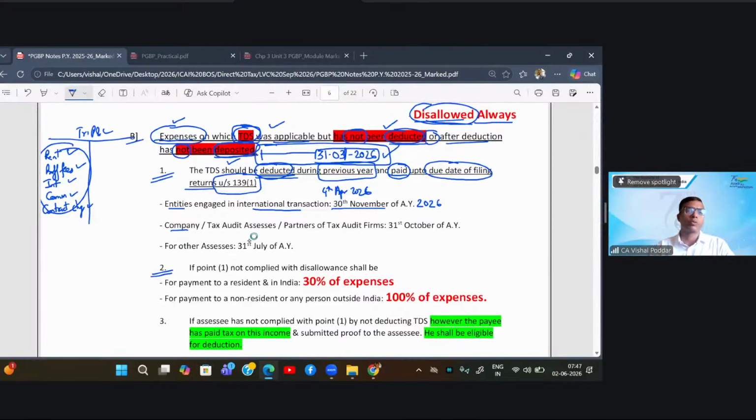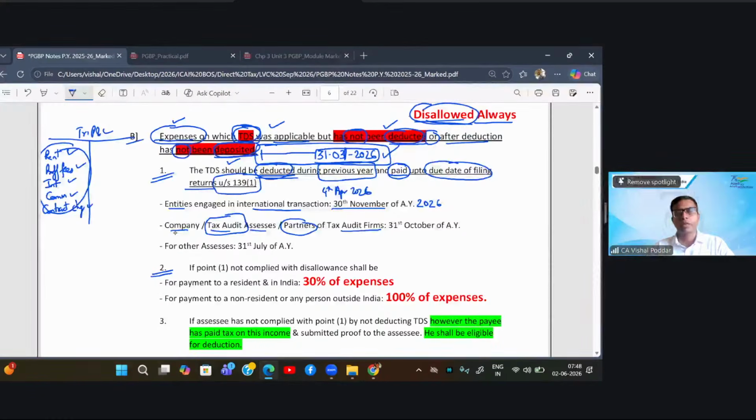Those assessees who are companies or those assessees to whom income tax audit is applicable. So see, audits are under different laws. Here we are talking about Income Tax Act audit, which is also called tax audit. So any person, maybe individual, partnership firm, AOP, BOI, anybody who is liable for tax audit. And third, if the firm is liable for tax audit, then the partners of the firm.